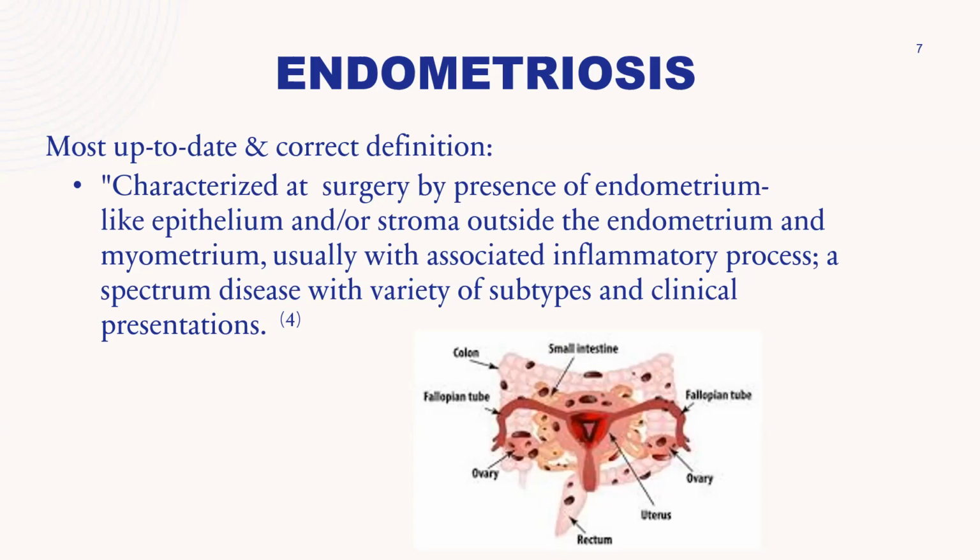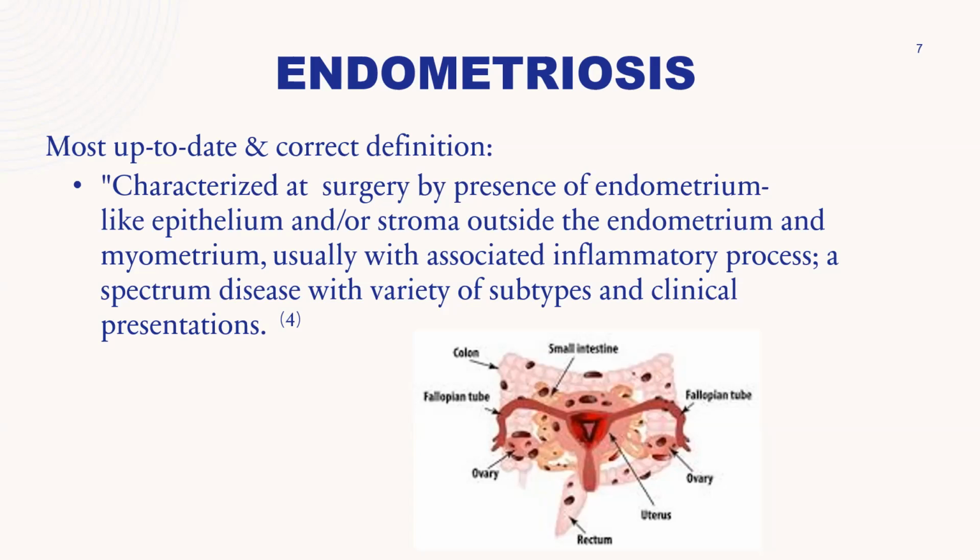A spectrum disease with a variety, as you can see in the picture here, we have the large intestines, the uterus, fallopian tubes and ovaries, and you can see all the little spots on the image, little chocolate areas, and that can be defined as endometriosis with surgery.